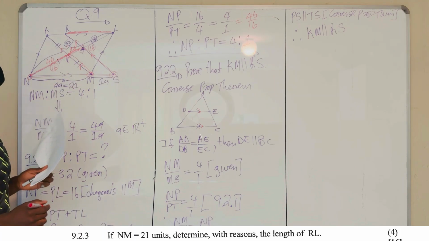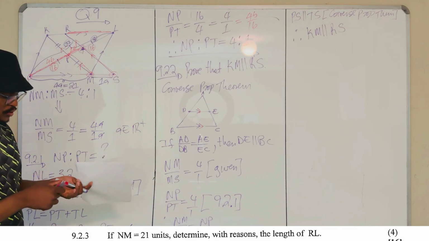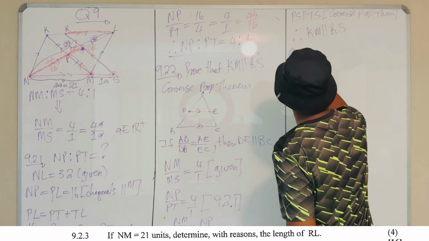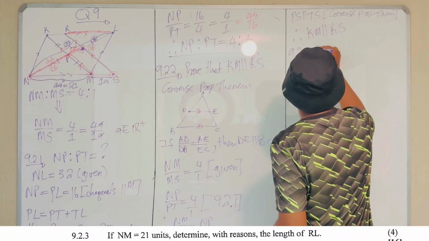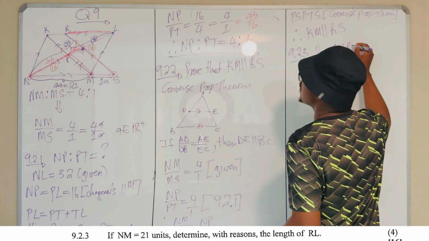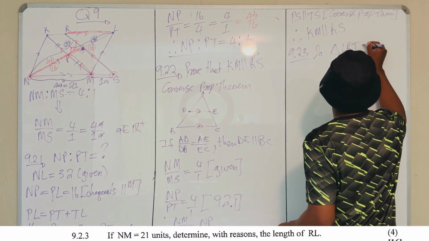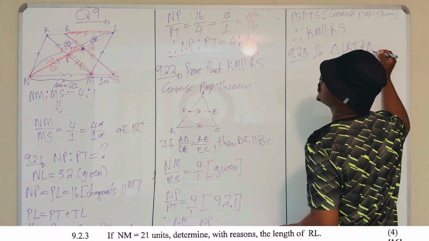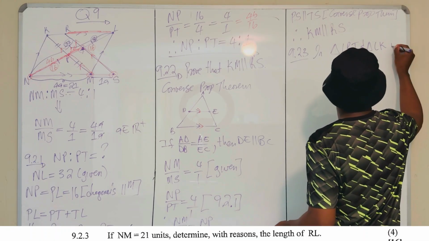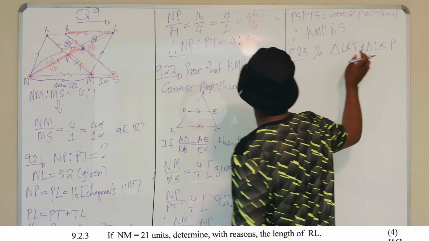So we can apply the proportionality theorem there. So in 9.2.3, in triangle LRT and triangle LKP, right?